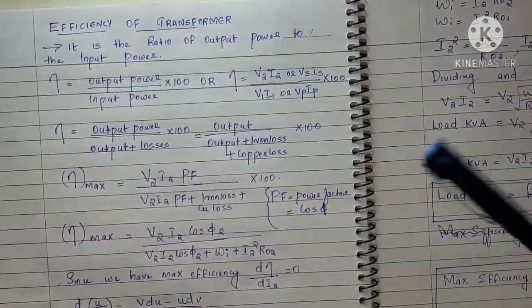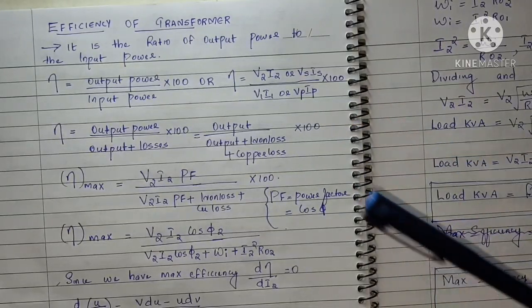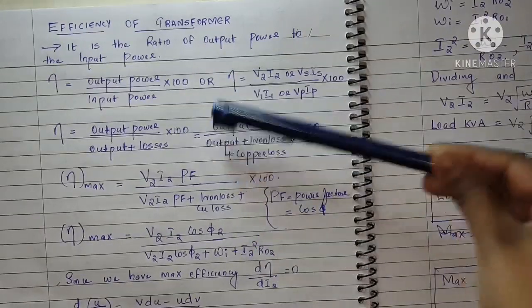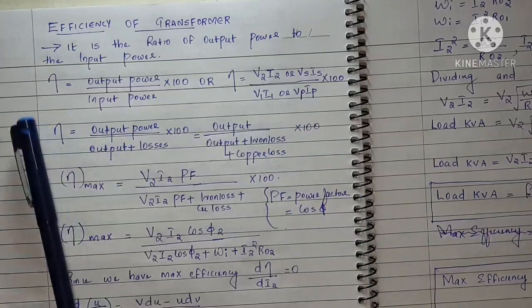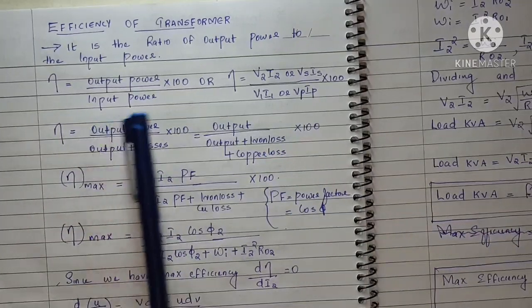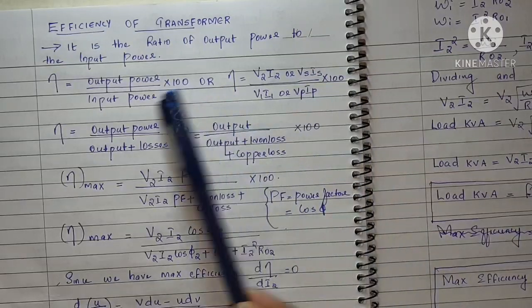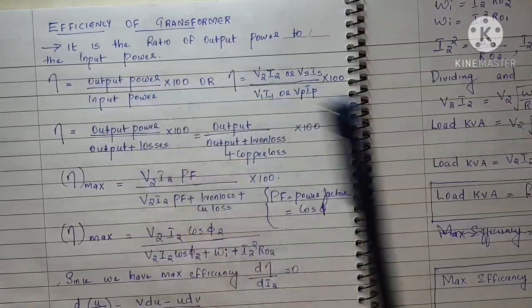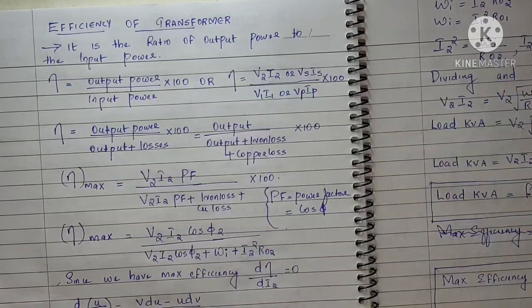Our next topic is efficiency of transformer. Efficiency is nothing but the ratio of output power to input power, and it is always represented in terms of percentage, η = output power by input power into 100, or it can be written as output power means V2 I2 or Vs Is divided by input power means V1 I1 or Vp Ip into 100.